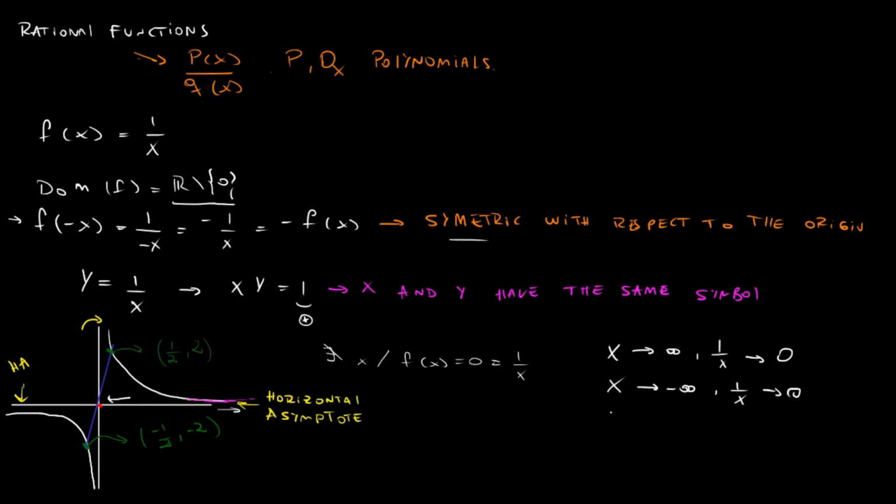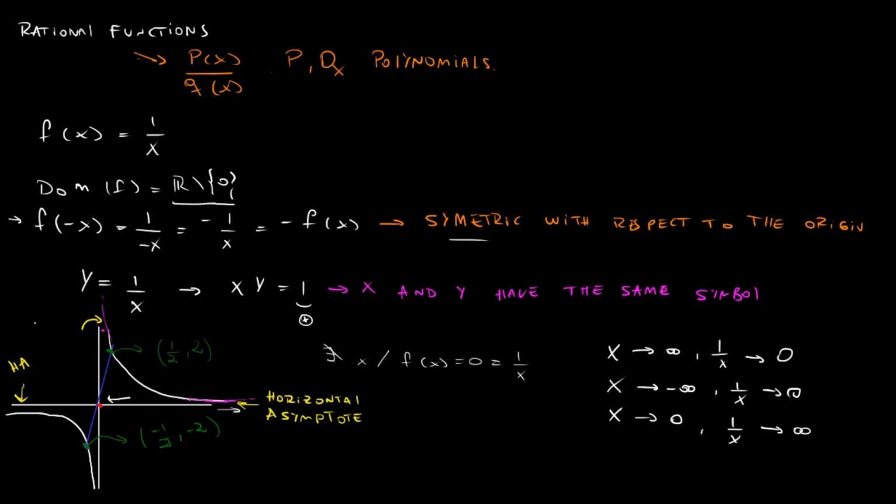So what's happening here is that when x goes to 0, 1 over x is going to be bigger and bigger as we get closer to 0. So then 1 over x will try and go to infinity. And that's what's happening here. When x goes closer to 0, the plot goes to infinity.